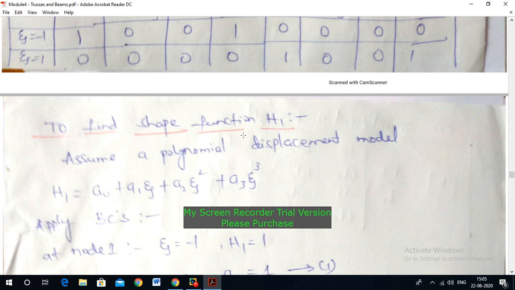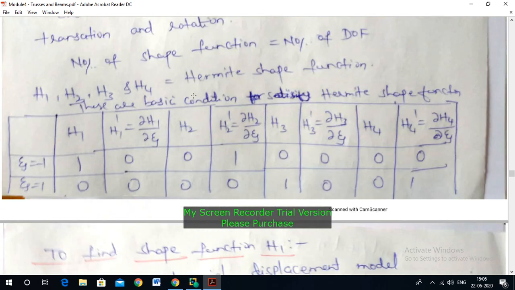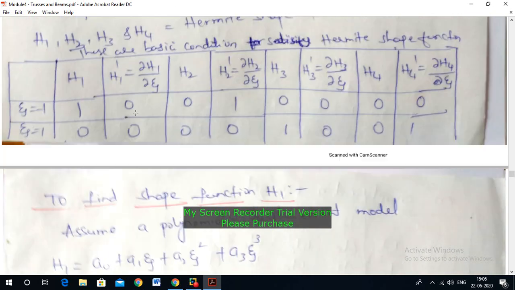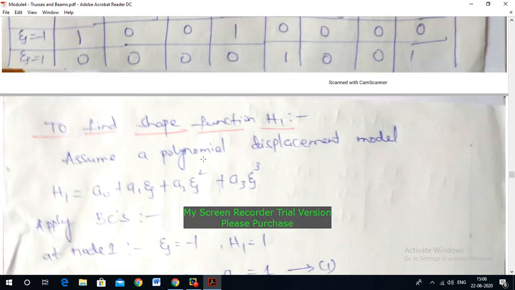And to find the shape function h1, first I am assuming a polynomial displacement model. See, we need to find all the shape functions for this beam element, the Hermite shape functions, and this is called the Hermite shape function table. And this table should be compulsorily remembered. Okay, it is helpful for solving the problems also.